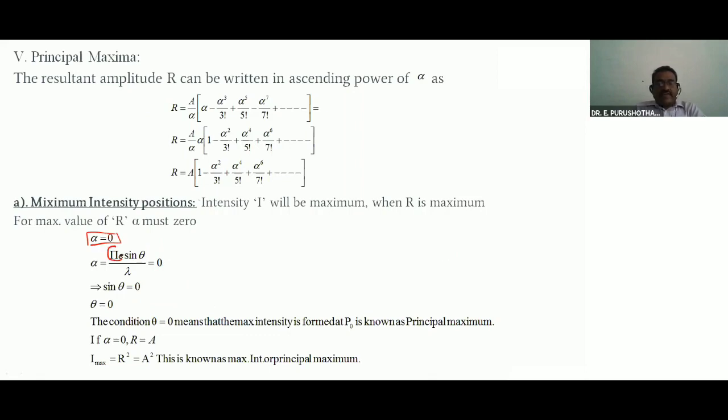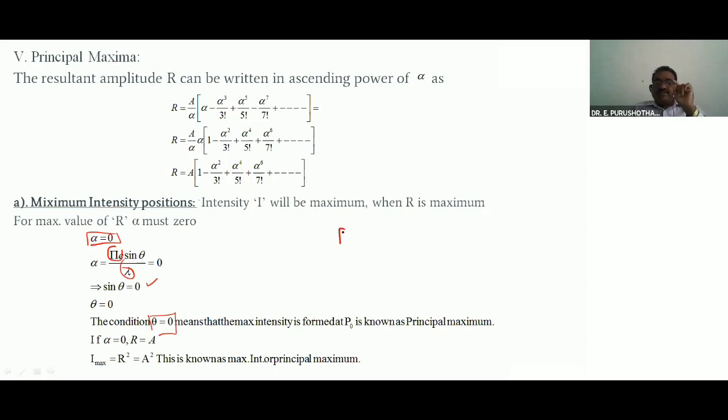So sine theta is equal to 0, theta is equal to 0. The condition theta is equal to 0 means that the maximum intensity is formed at P naught in the figure.